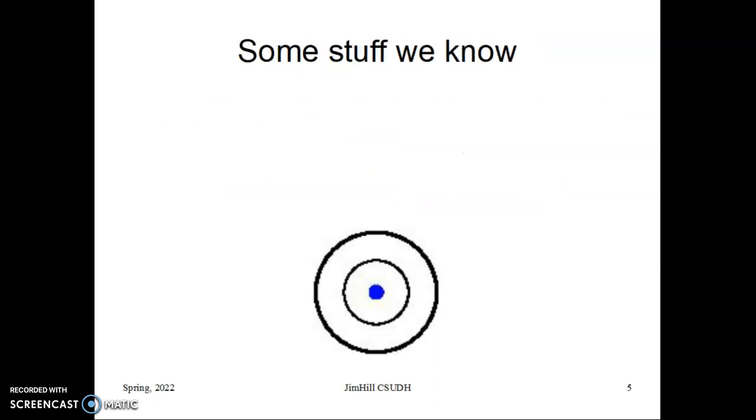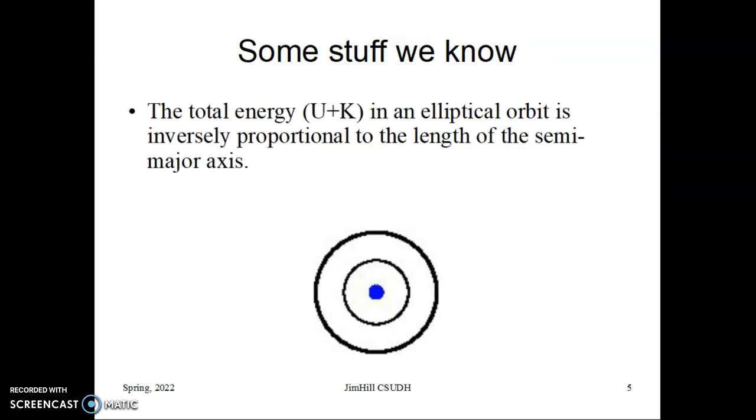So get down to the physics. We know that the total energy in an elliptical orbit is inversely proportional to the length of the semi-major axis, right? That is the formula. Remember, it's a negative total energy, which is equal to the negative of the kinetic energy, and it's 1/2 of the gravitational potential energy.